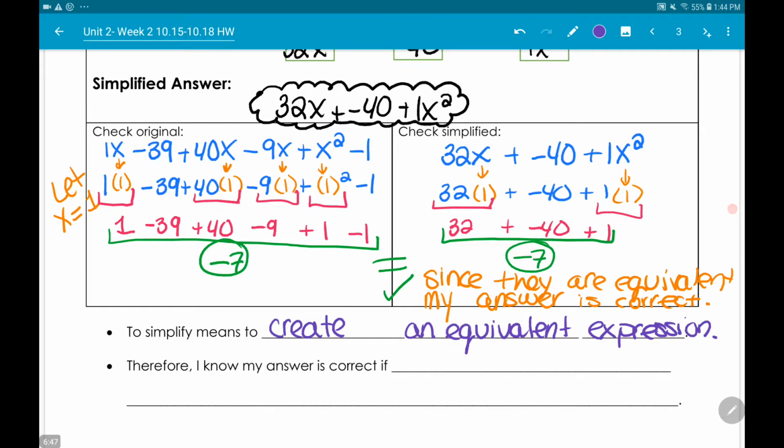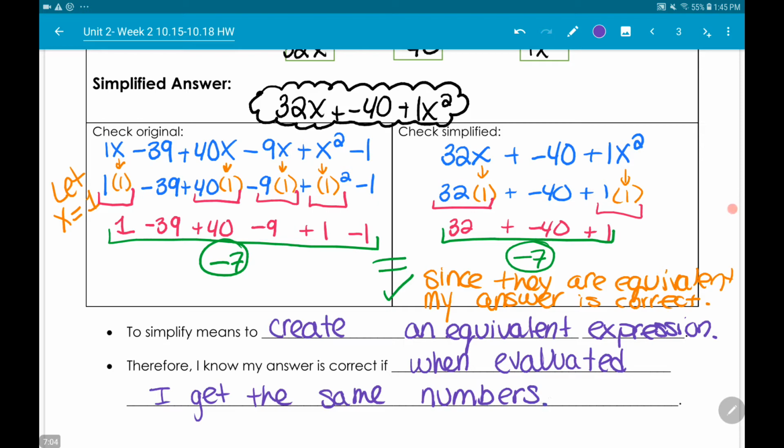So therefore, I know my answer is correct if, when evaluated, I get the same numbers. All right, so anytime you want to check your answer and make sure you are correct, just plug in. Are they the same? Yes.